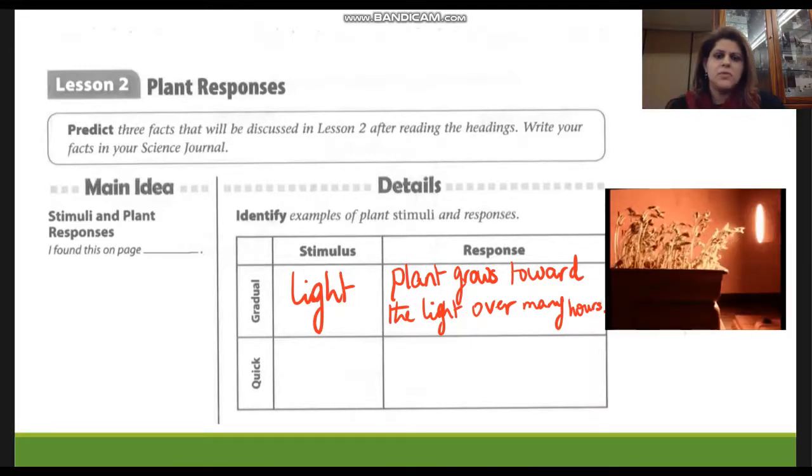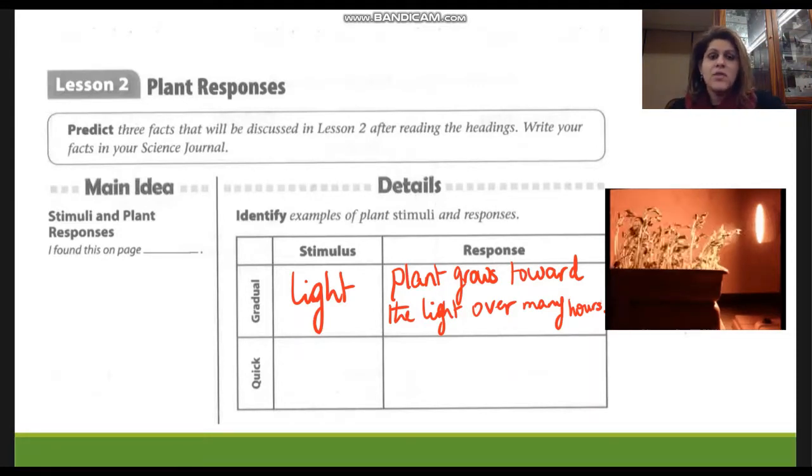So the plants will grow toward the light over many hours, as you can see in this example, and you've already seen many of those before. So definitely this is fast forwarded, okay? It is not like you're going to look at the plant and the plant's going to grow like that. You're going to be scared, honestly.